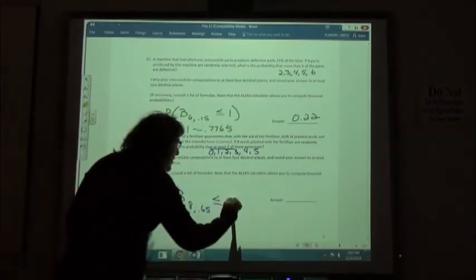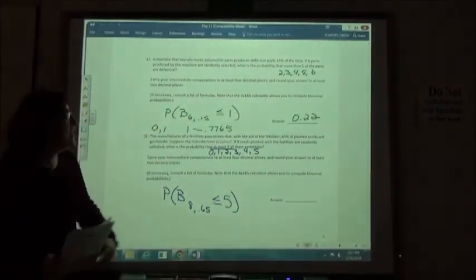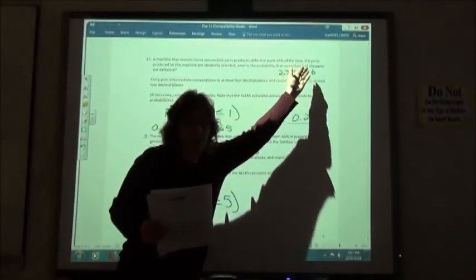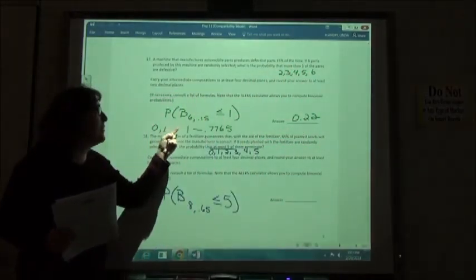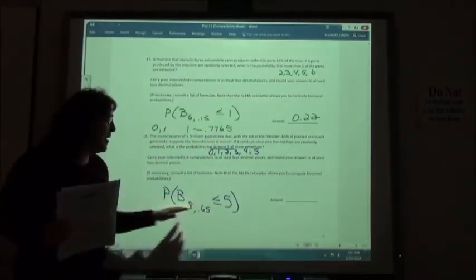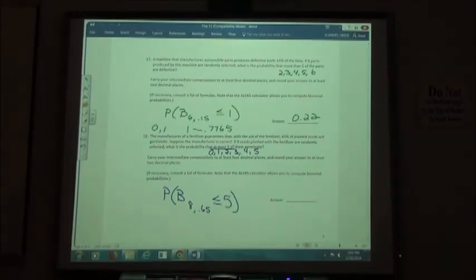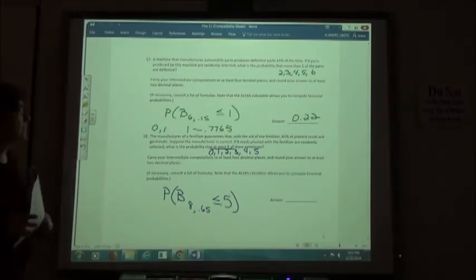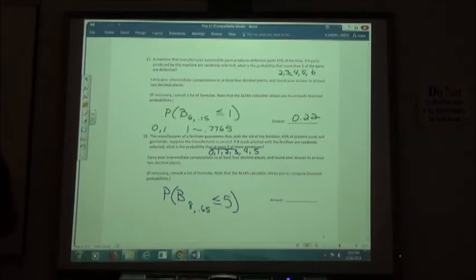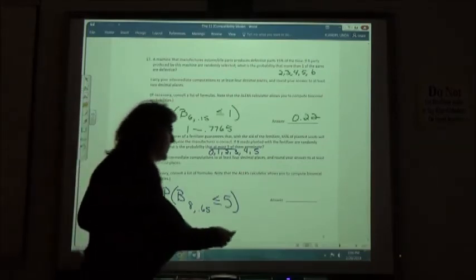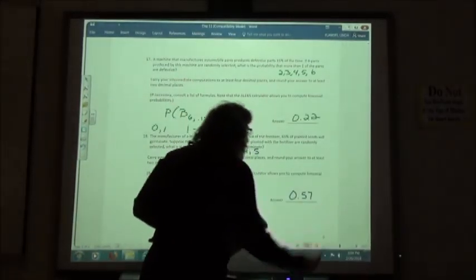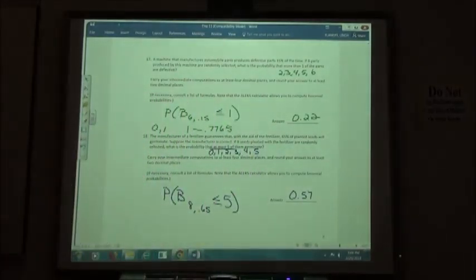This one I just get to use the number. These ones where I had to do more, the greater than, when I did less than or equal to, I ended up doing 1 minus. In this case, I don't have to do the 1 minus because I just want the answer for less than or equal to 5. So I'm just going to punch that into my Alex calculator and round it off to 2 decimal places. So we just have to go to 2 decimal places, so 0.57.